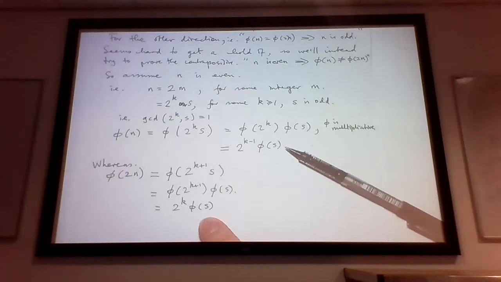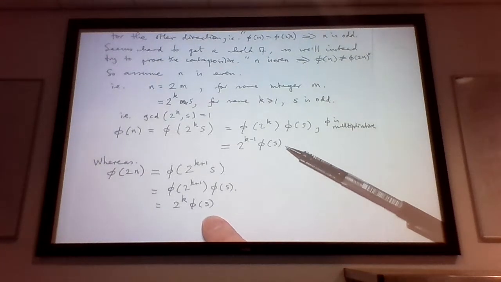No, they don't. Can we say for definite, absolutely, that they're not the same? Okay, they look different. 2 to the k minus 1 times phi of s, 2 to the k times phi of s. They certainly look different, but there's one special case in which they might be the same. How could these two quantities actually be the same?